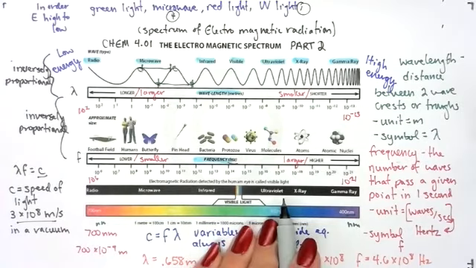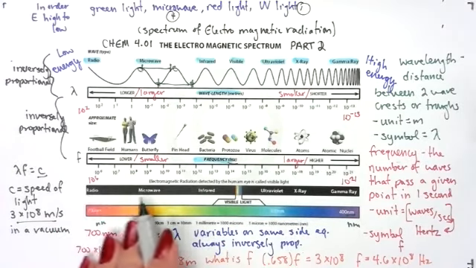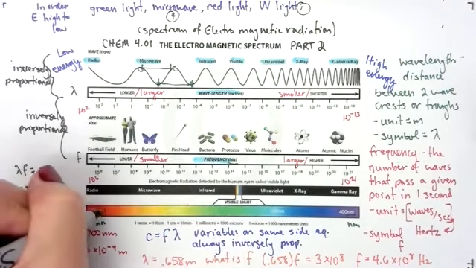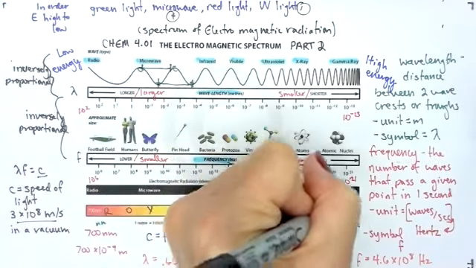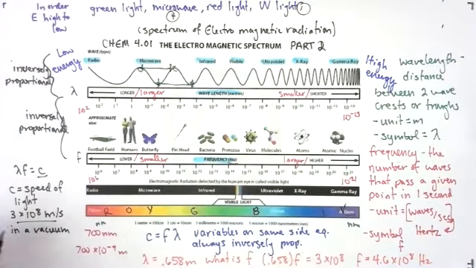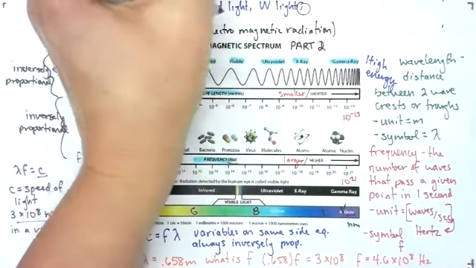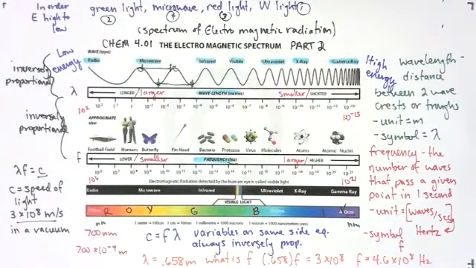So as I go from radio, microwave, infrared, then I've got Roy G. Biv. So you need to know Roy G. Biv. So my UV light's going to be the highest energy. Green is going to be higher than red. So green is going to be number 2. Red is going to be number 3. And my microwave will be number 4. That's another example of a problem that we might ask you over the electromagnetic spectrum.